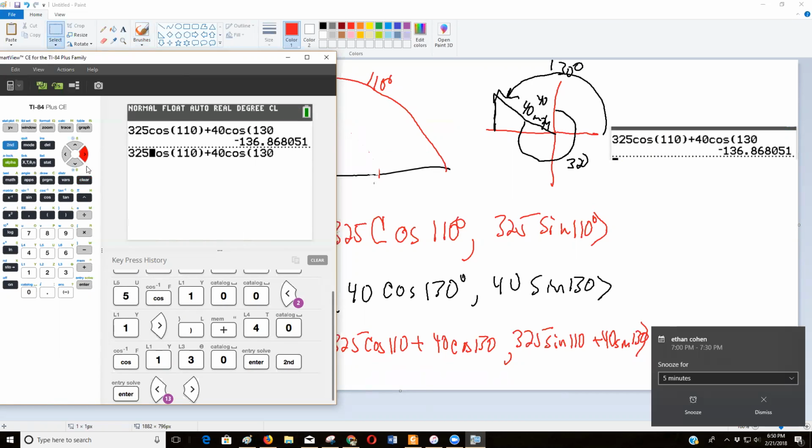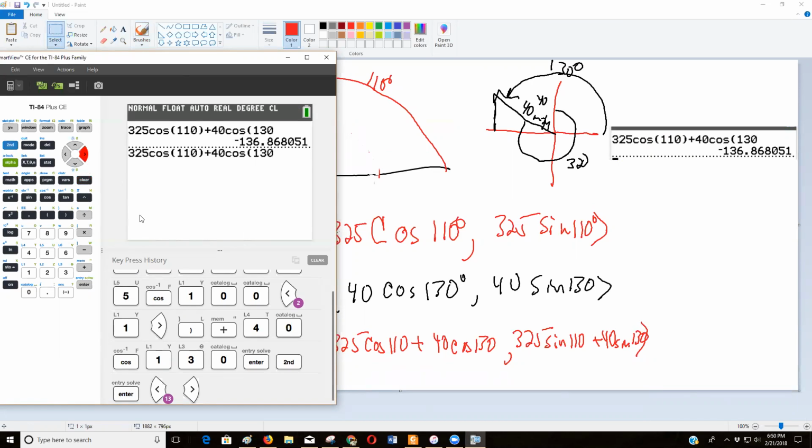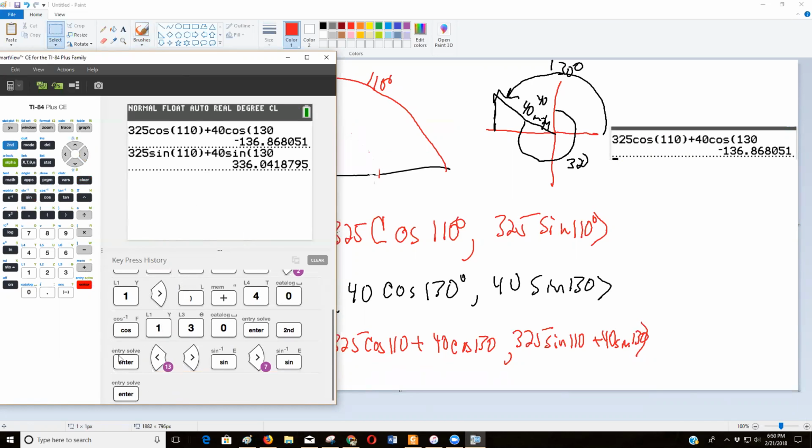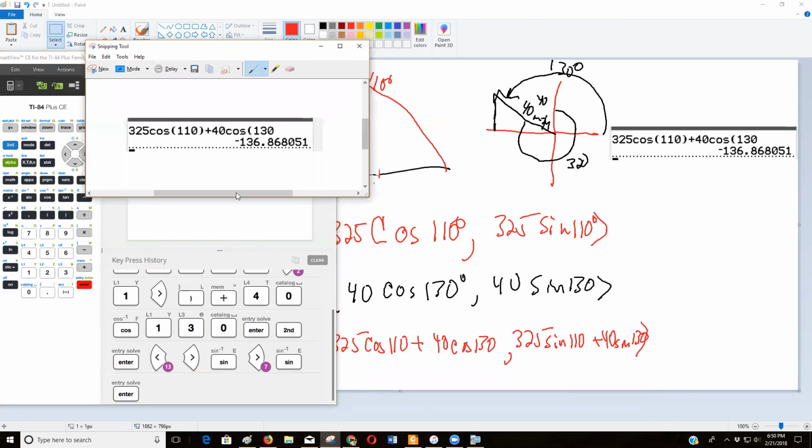It's one nice thing about the TIs. So I'm going to change this to sine and change this to sine. Everything else stays the same. Probably just as fast to type it in, but sine, then I press enter, and that's the vertical component. And let me copy and paste that.